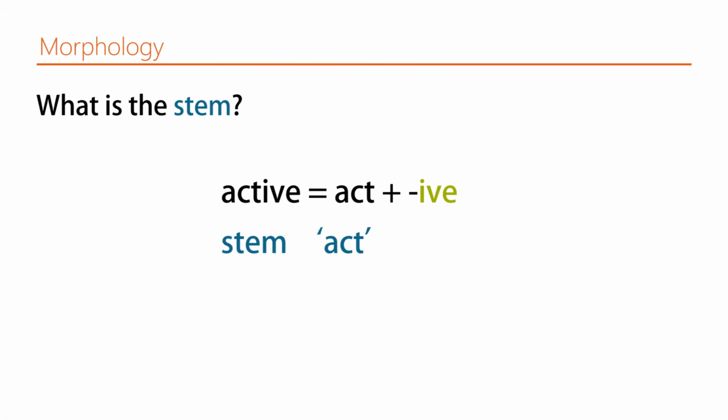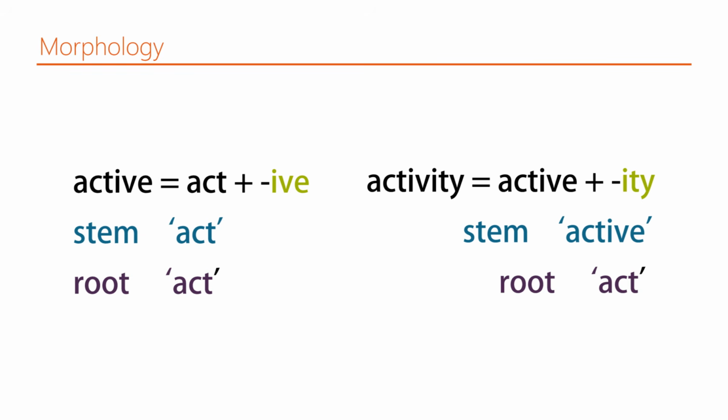So the stem is "act", the root is also "act". The root for both "activity" and "active" is "act". The stem for "active" is still "act", so in "active", both the root and the stem are the same.